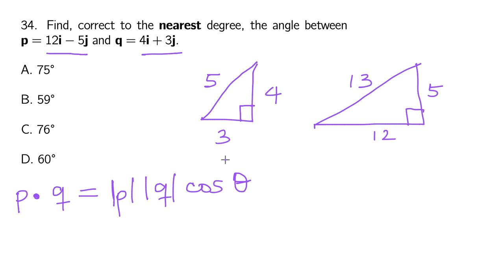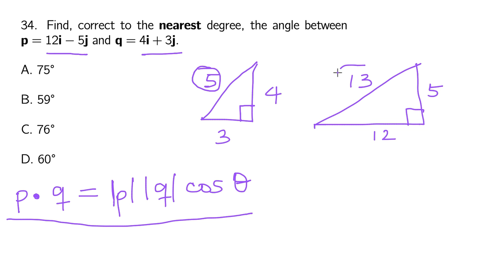So if the angle between them is theta, then you have this expression. The dot product is the magnitude of P times the magnitude of Q times the cosine of the angle between them. And so we need the magnitude of P, which we've already said.